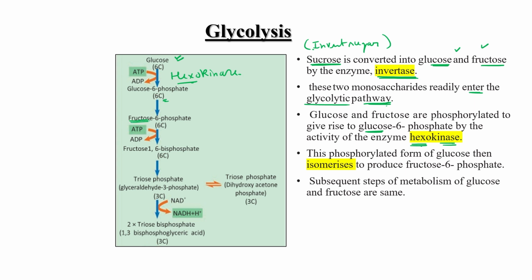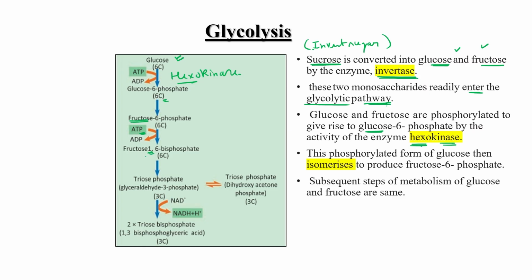Then glucose further converts into its isomer fructose, so glucose 6-phosphate to fructose 6-phosphate. Further, this fructose again accepts another phosphate from ATP, and this other phosphate attaches to the first carbon of fructose.